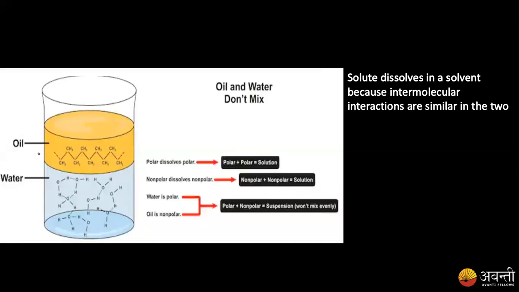If both are liquid, they will form two layers, as you can see here, oil and water. In those two layers, the substance with higher density will be in the lower layer, and the substance with lower density will be in the upper layer.